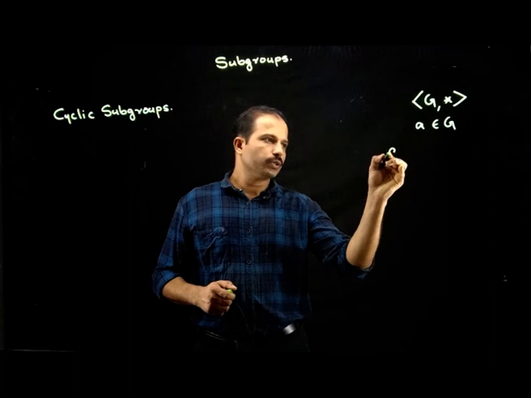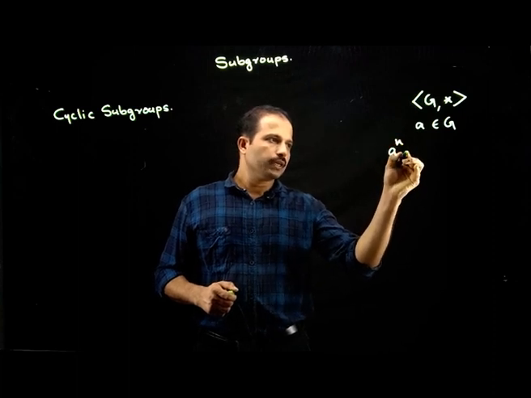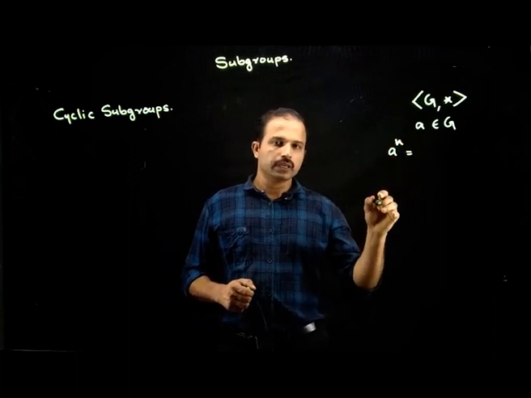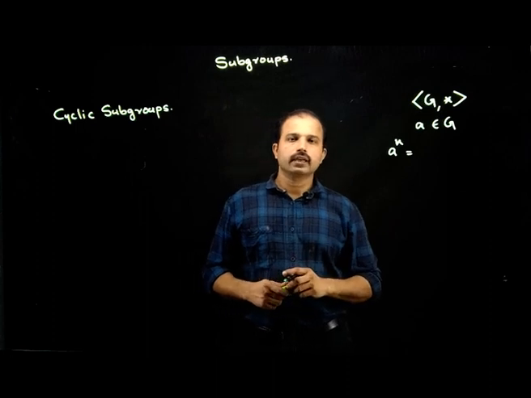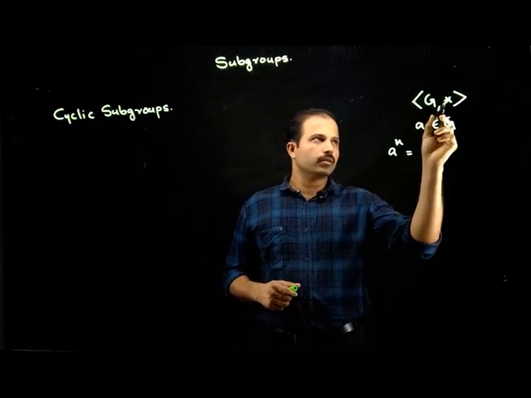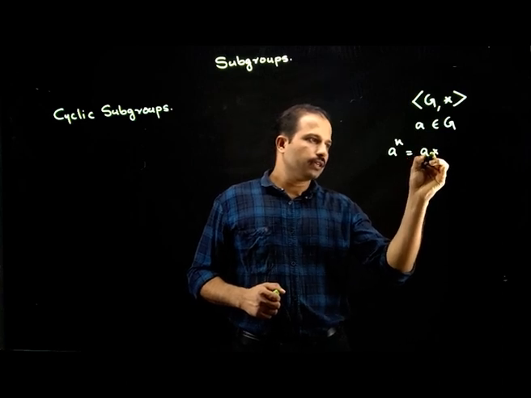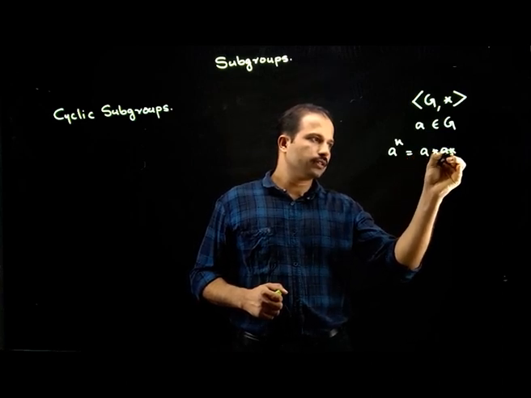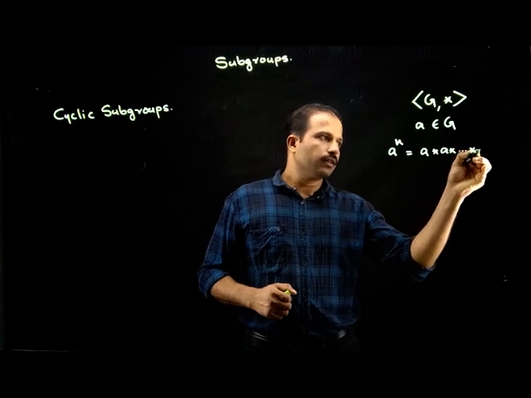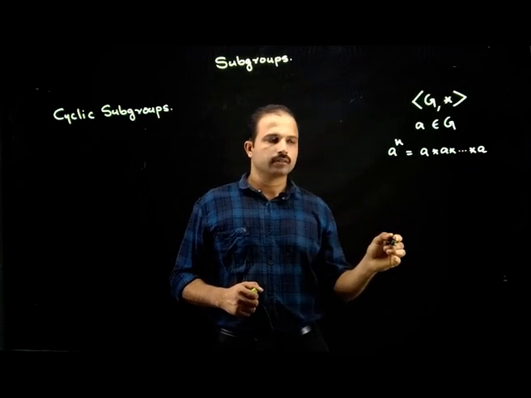By A raised to N, we mean A is operated N times, and here the operation is star. So A raised to N means A star A, etc., N times.